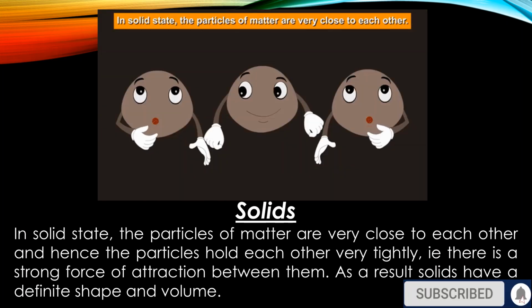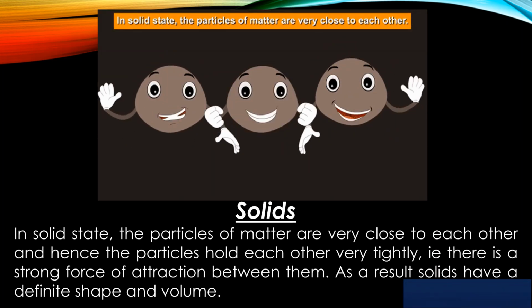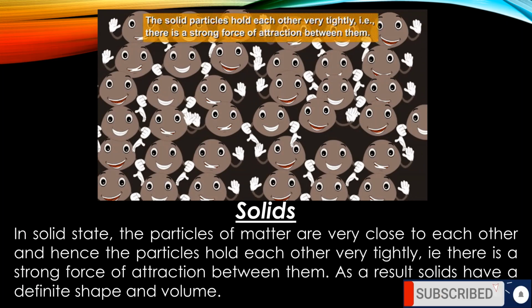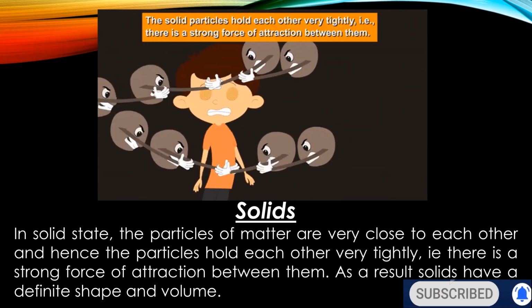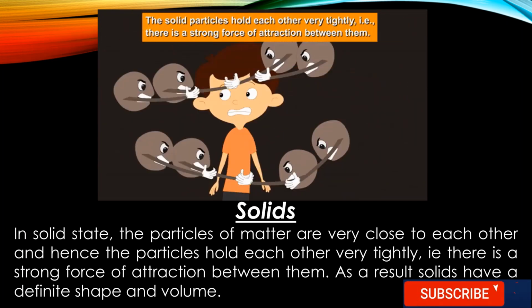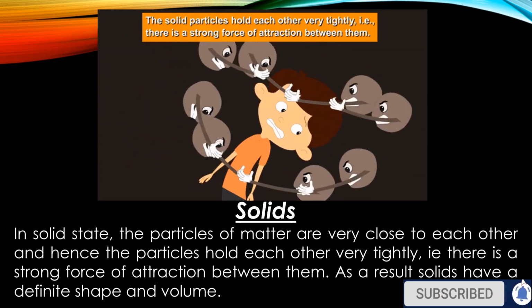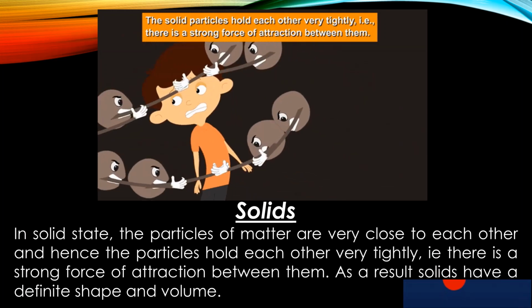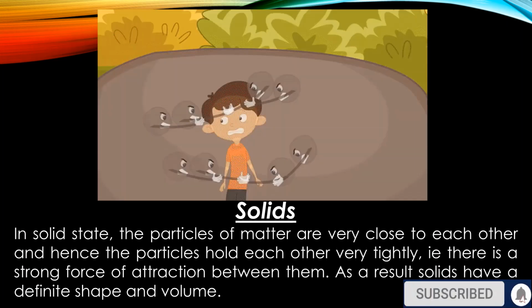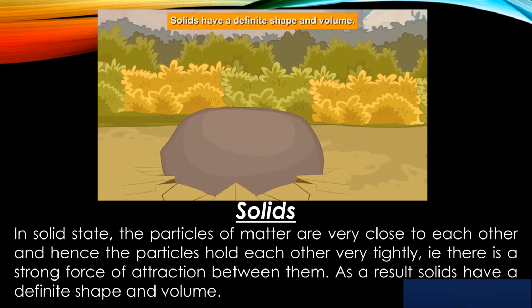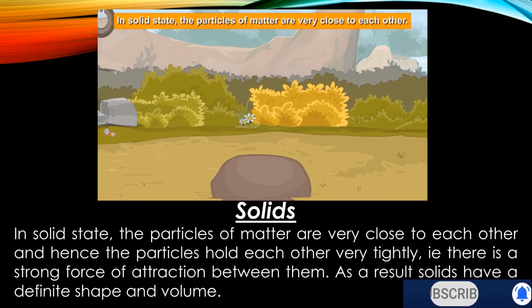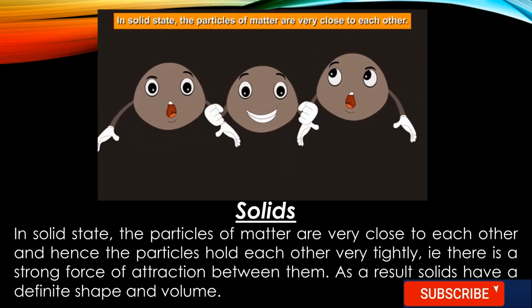Starting with solid. What are solids? In the solid state, the particles of matter are very close to each other, and hence the particles hold each other very tightly. That is, we can say there is a strong force of attraction between the particles in a solid.